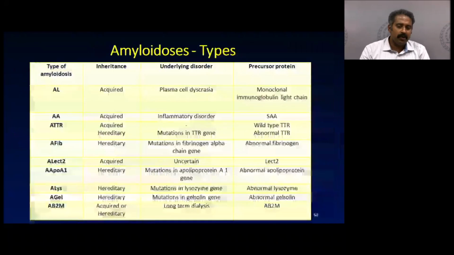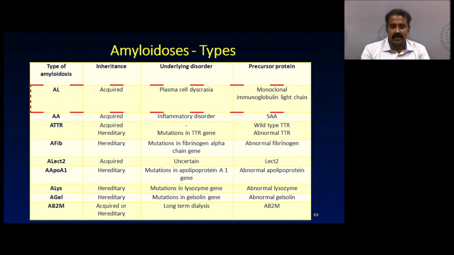Now, depending upon the initiating factors, you can have different types of amyloid. The most common amyloid is what is called AL amyloid, or the amyloid light chain associated amyloid. Here, the underlying trigger is a plasma cell disorder and the precursor protein is the monoclonal immunoglobulin light chain. This is found in around 60 to 70%, so the majority of amyloid is AL type.